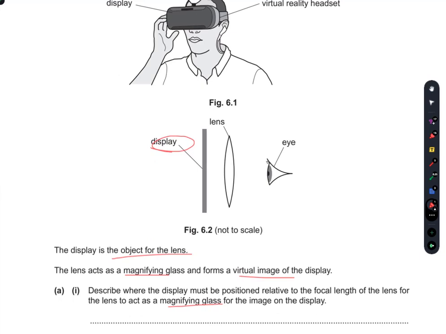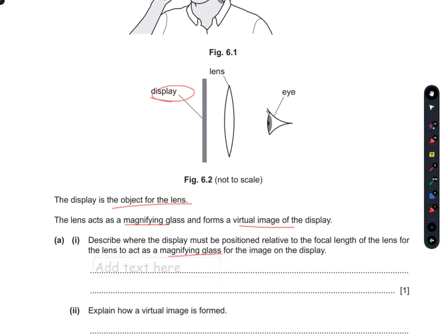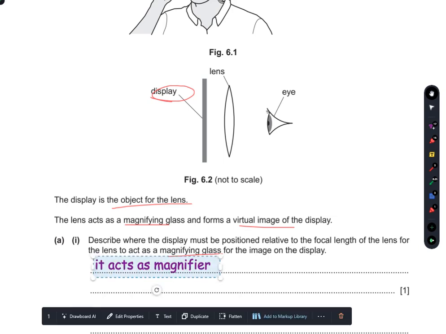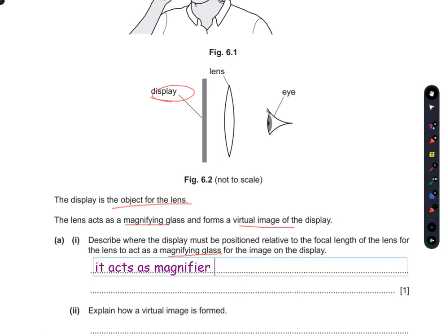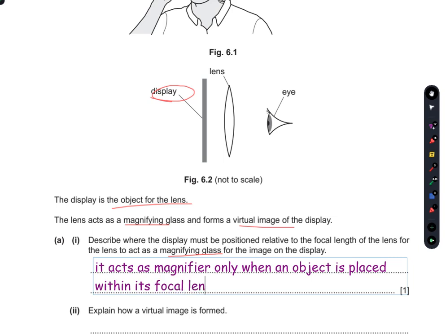So now you revise your concepts here. When does a lens act as a magnifying glass? It only acts as a magnifier when an object is placed within its focal length.